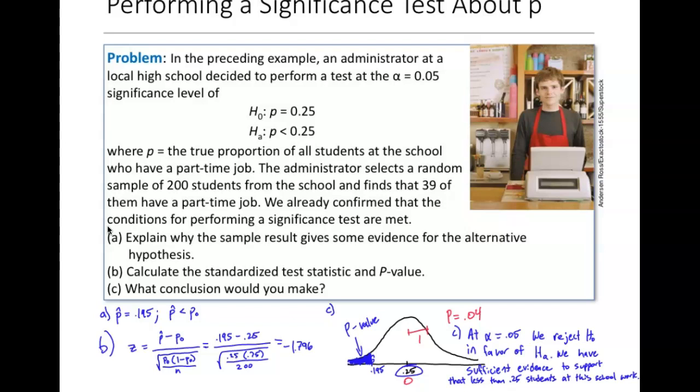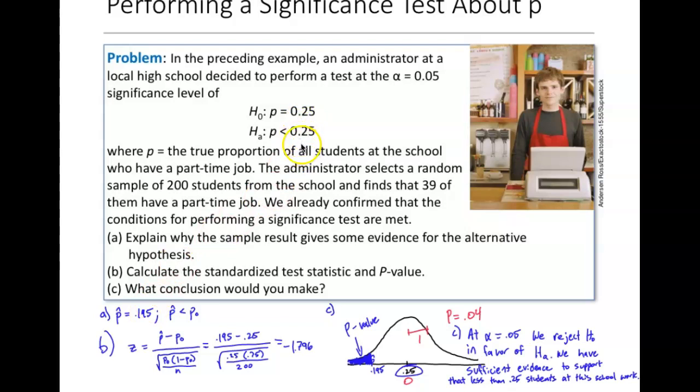So again, the logic is if 25% of students at that school did work, it's really unlikely that we would get a sample that low by random chance. It's unlikely enough to happen that we're saying, okay, that's enough evidence for us to say that I don't think 25% of students at the school work.